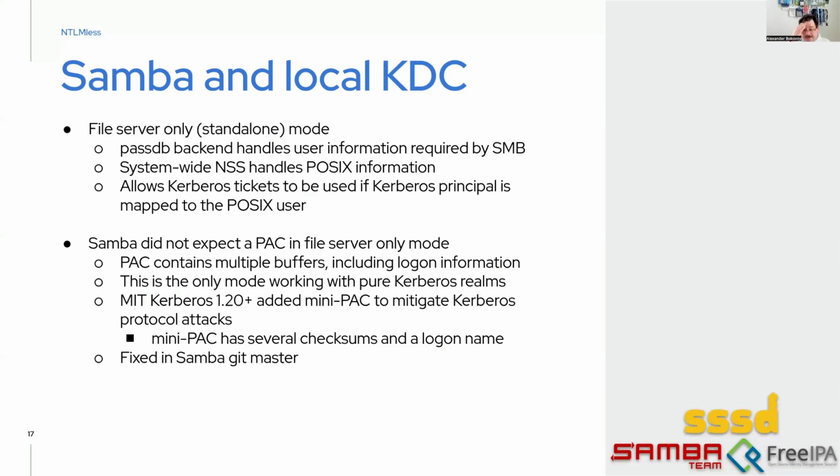Right, and the thing is, the whole idea that you can use Kerberos in a standalone mode is pretty old. It is expected to be supported there. It's just that MIT 1.20 made this change by adding PACs, and PACs were not expected because we only expected to have a PAC if it has logon information.